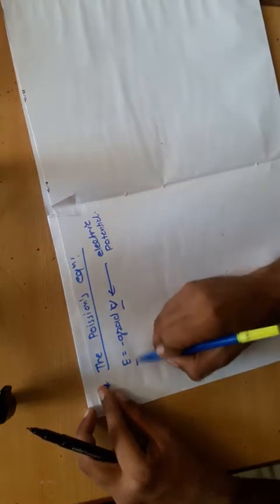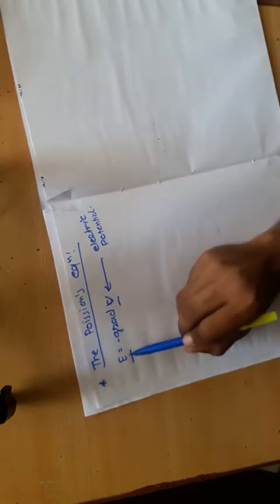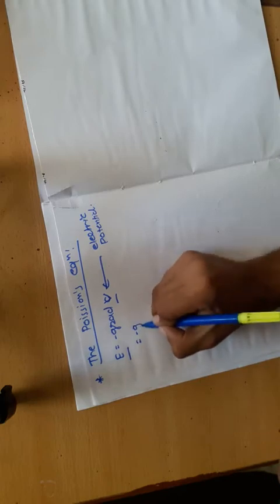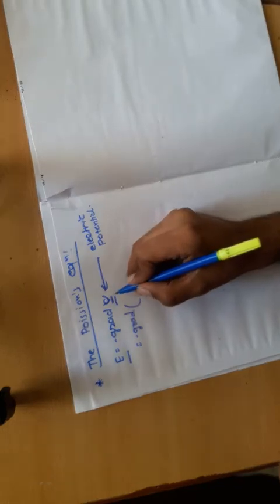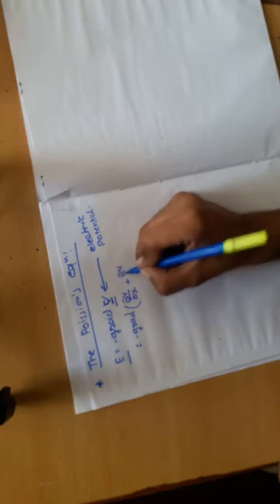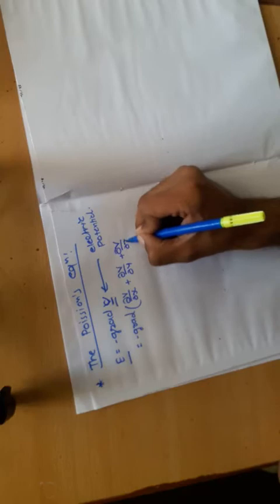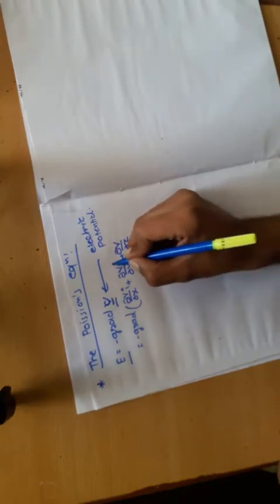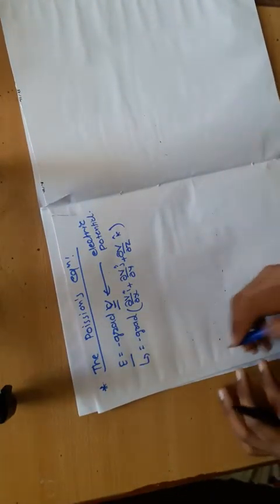So one can define the electric field in terms of the electric potential, which is E equals minus grad V. So I can write this as minus grad V. There are three components for V: del V upon del X plus del V upon del Y plus del V upon del Z, along I cap, J cap and K cap. So it is E, the electric field.